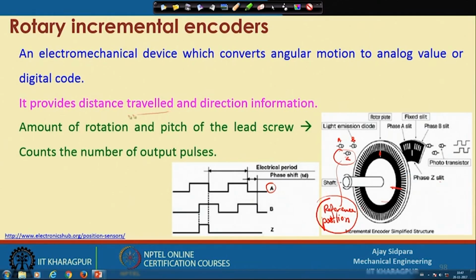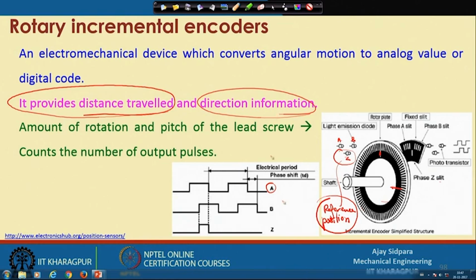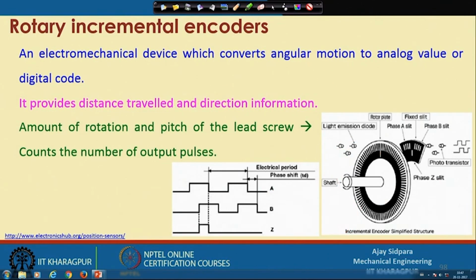So, what it will do is give the travel distance and the direction information. Now, consider how do you know whether it is rotating in the clockwise or anti-clockwise direction, correct. So, let us see that. That is done by the slits A and B. Now, you can see that A and B are side by side, not one after another. That means, not back to back, but side by side. Now consider that it is rotating in the clockwise direction.